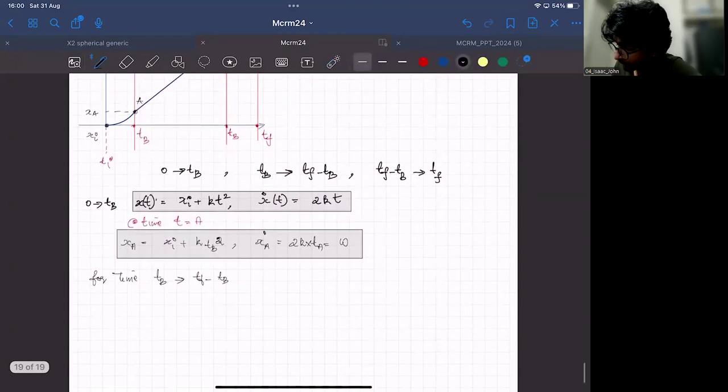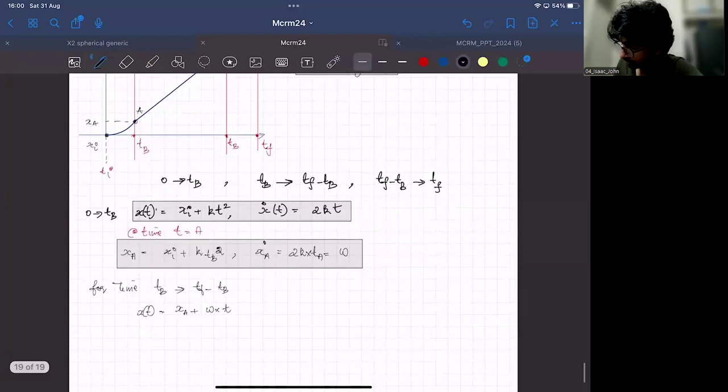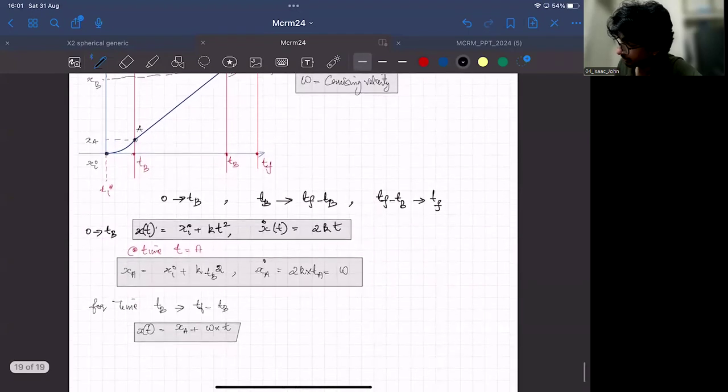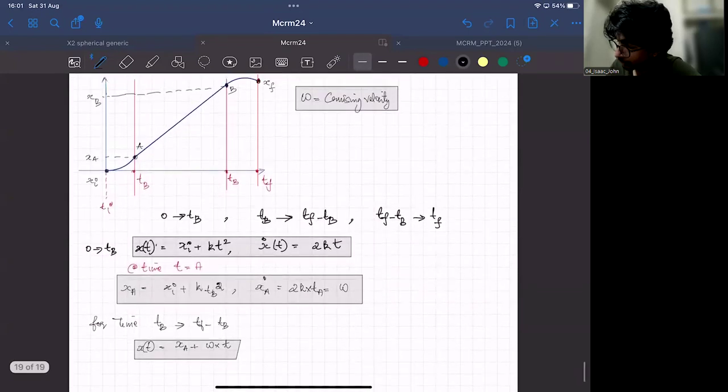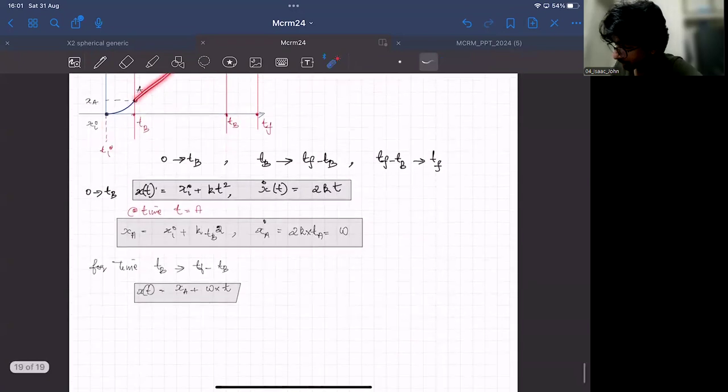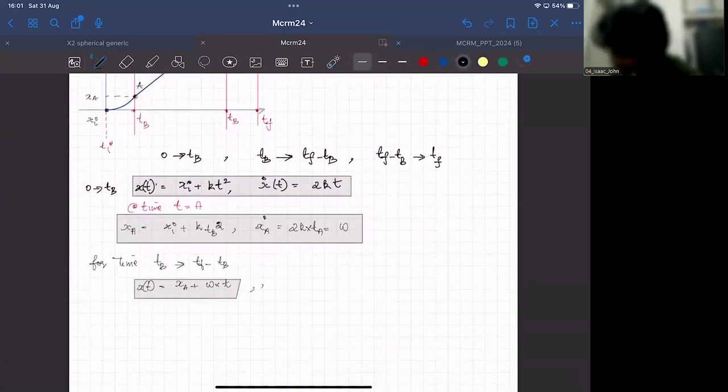So you can simply write that equation as x of t is nothing but xa plus the cruising velocity, omega multiplied by t. This is the equation for position during this period, and velocity x dot of t would be nothing but omega.